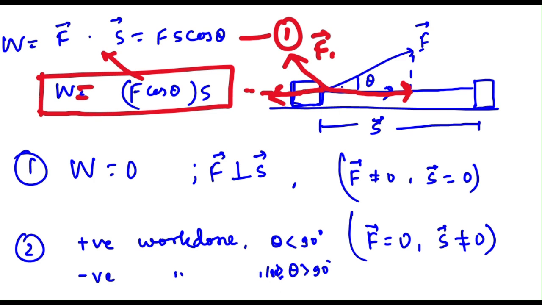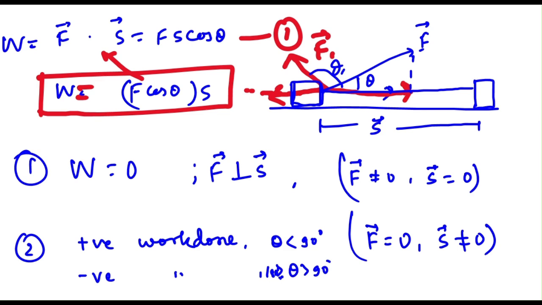In that case, this force has a component just opposite in direction compared to the displacement vector, and then work done by this force will be negative. And you can check it mathematically too. If you put here theta greater than 90 degrees, it will be a negative value, so work done will be negative at the end.